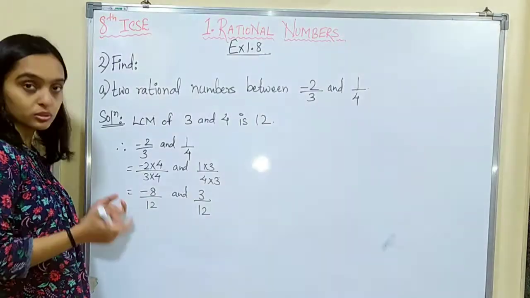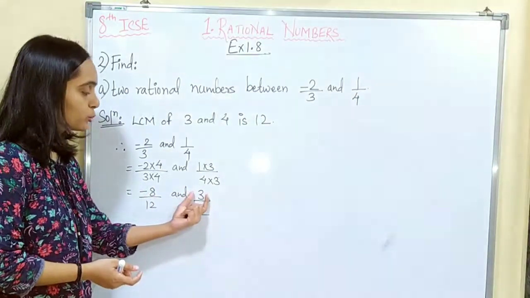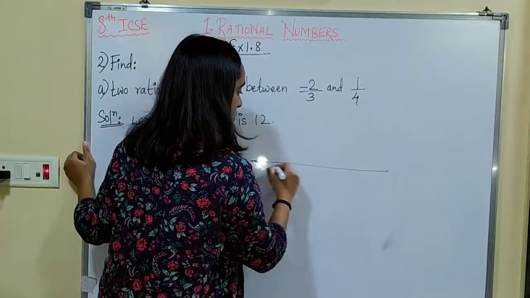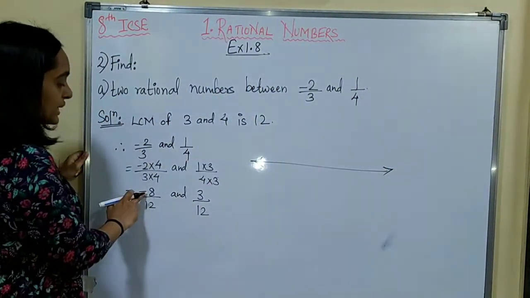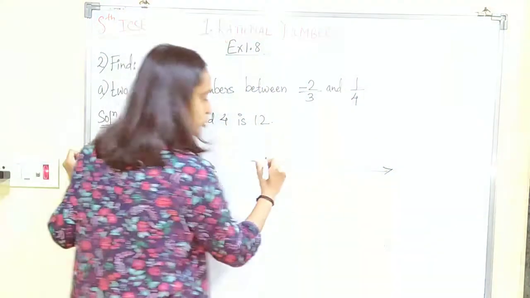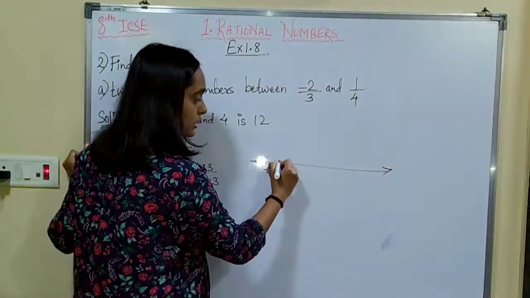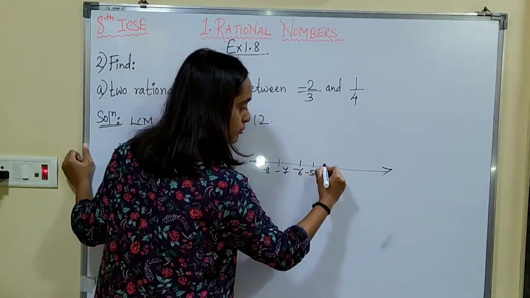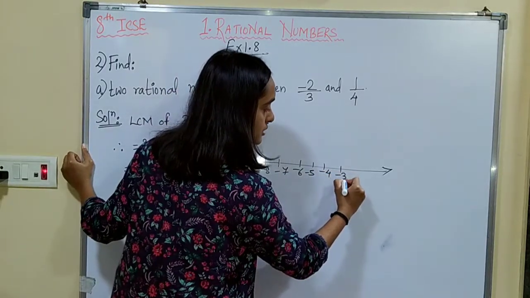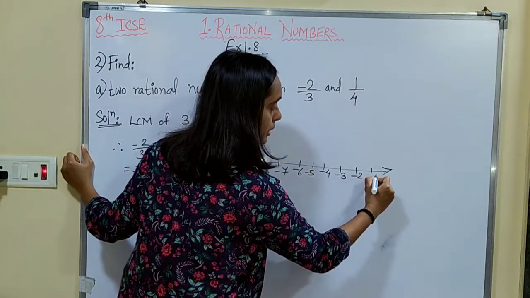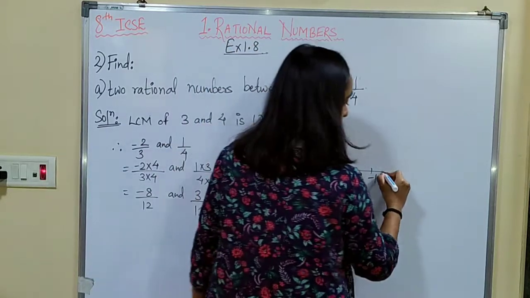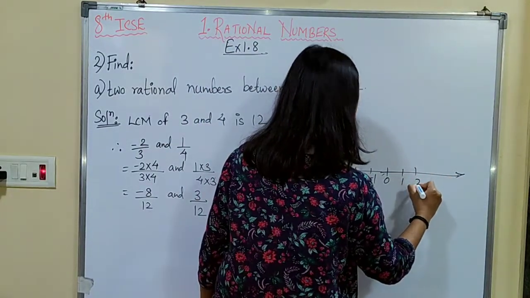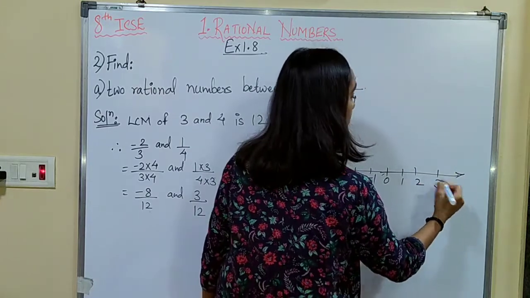Now by just considering the numerators on the number line, minus 8 and 3. Minus 8 is somewhere here, then minus 7, minus 6, minus 5, minus 4, minus 3, minus 2, minus 1, and then 0, 1, 2 till 3.